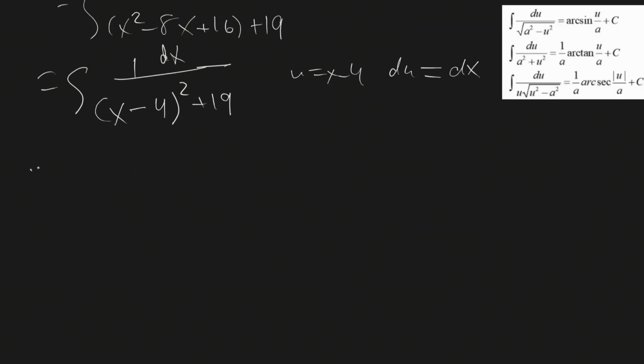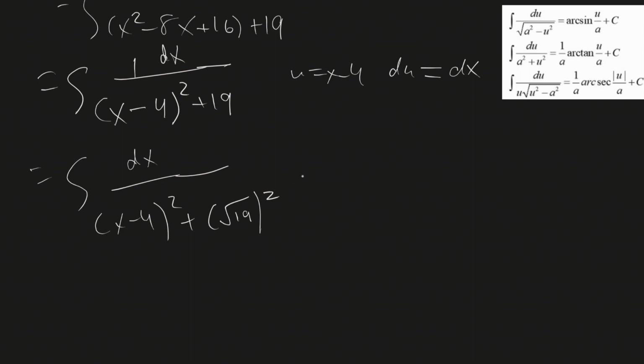To get a squared, we're going to do the square root of 19 squared, since this is just equal to 19.